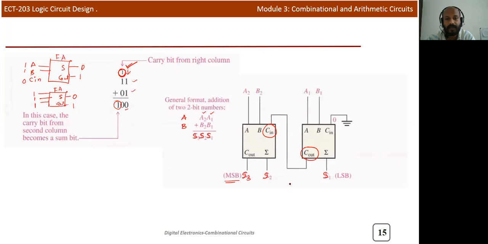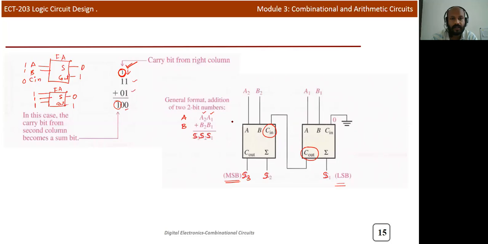So this is the MSB and this is the LSB. In this way you can connect full adders to implement parallel binary addition. So this is for two binary numbers with 2 bits.